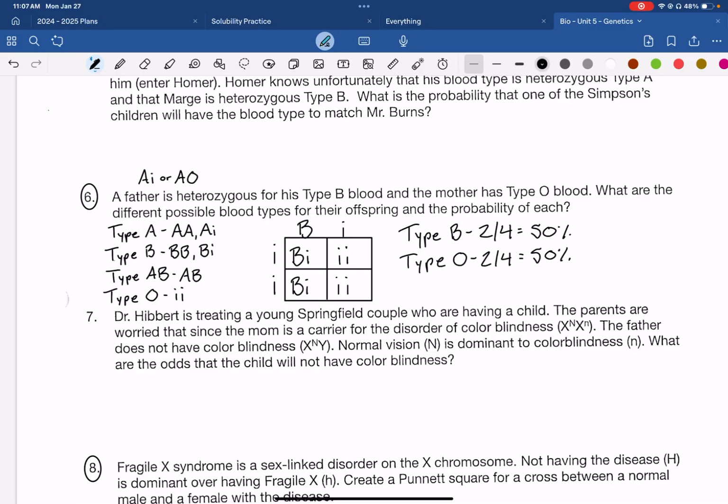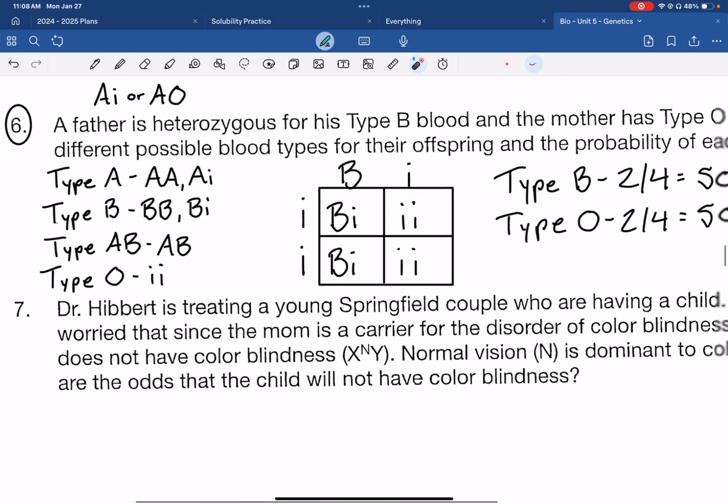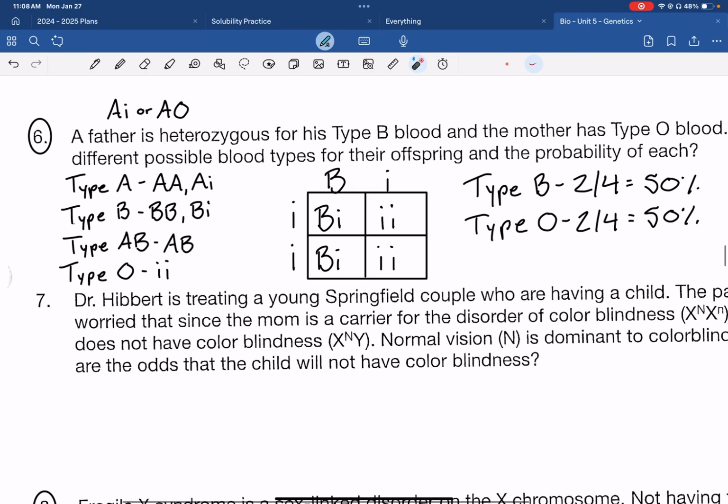So we just finished talking about another type of codominance. Now, this version of codominance is also considered multiple alleles. The reason this inheritance pattern is codominance and multiple alleles is because you have more than just 2 alleles. You have I, B, and A, and all of them can be represented if they are found in the genotype.